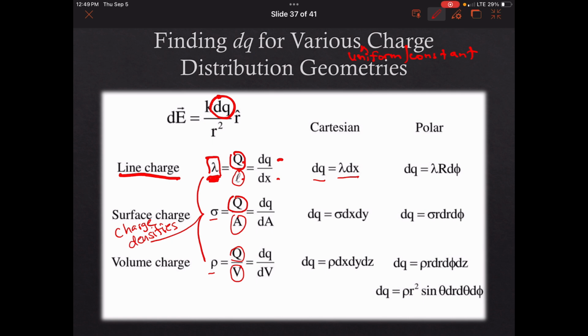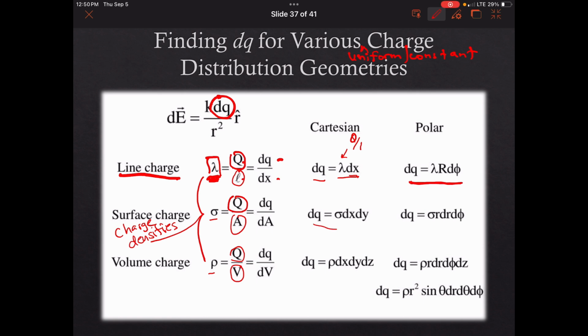In this case, that function is just a constant lambda, a numerical value, which is Q over total length L, and dx, which is the infinitesimal length along the x direction. If you were doing this in polar coordinates, which we won't be doing, but which you may encounter in the future, you would translate it in this way.